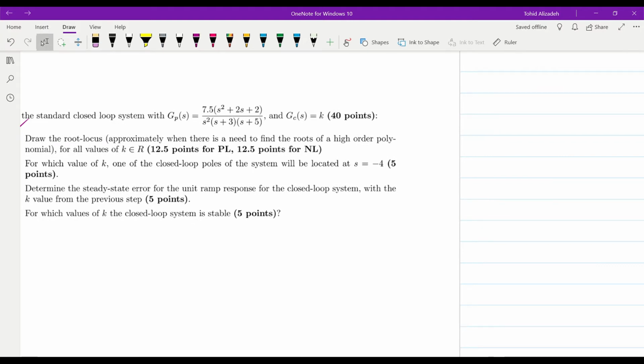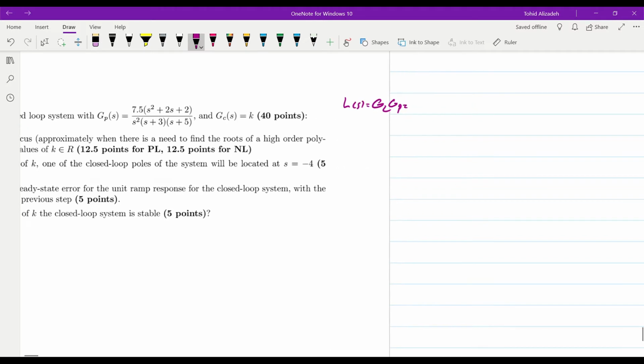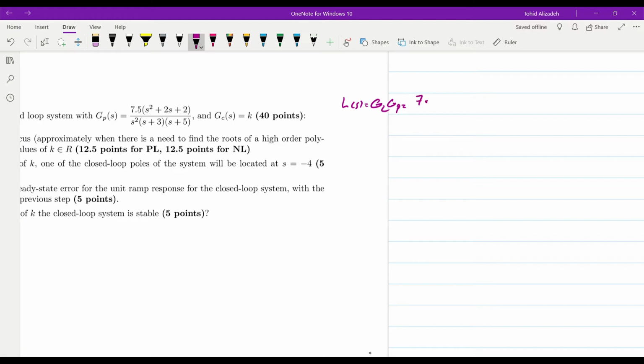As the first step, we will form L(s), which is equal to Gc times Gp, and for that we will have 7.5 times K times s squared plus 2s plus 2 over s squared times s plus 3 times s plus 5.